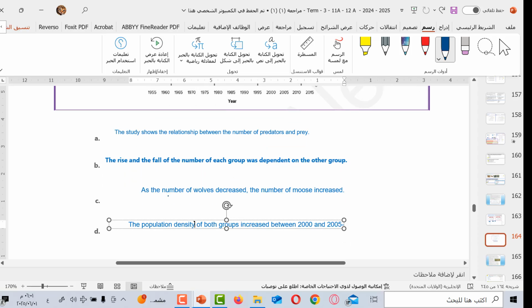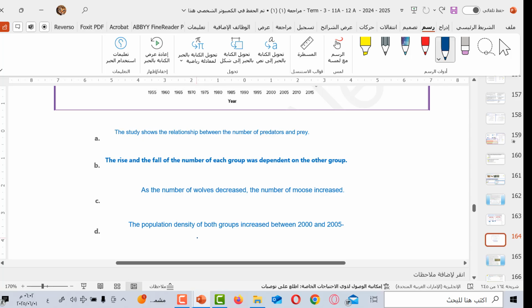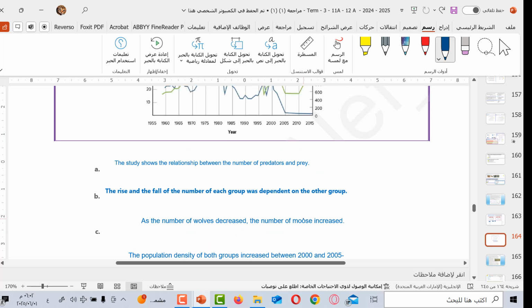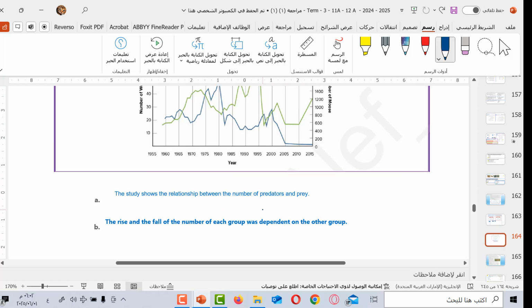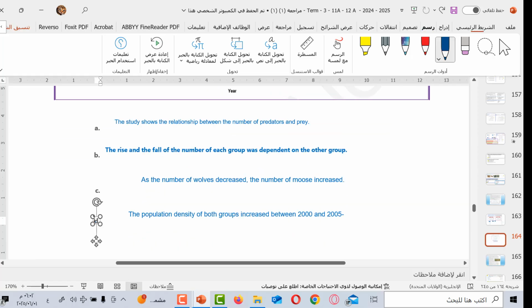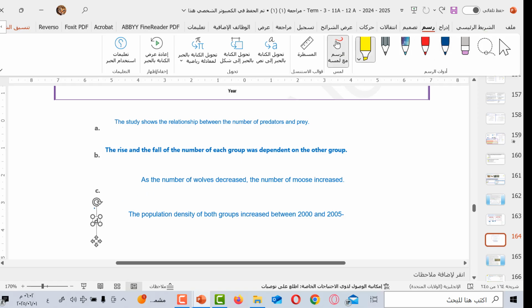As the number of wolves decreased, the number of moose increased. كلام صحيح برضو. لو عدد الولفز قل عدد الموز هيزيد. The population density of both groups increased between 2000 and 2005. Let's see, 2000 and 2005. No, it's not increased. So the true answer for this question is this one.